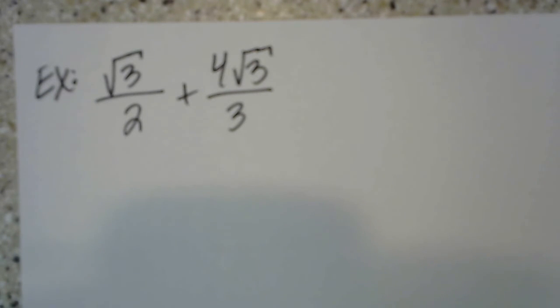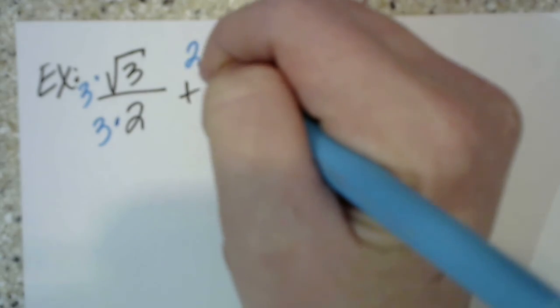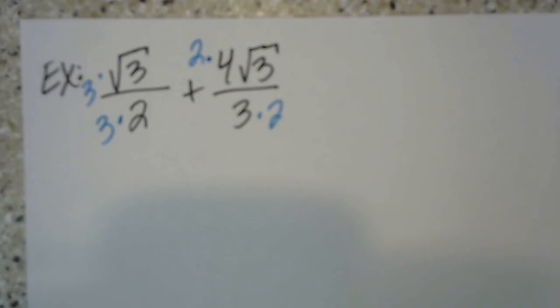Well, I do have two radicals that are the same type and they have the same thing underneath. They have radical 3's in both terms, square root of 3's, but these are fractions, and we know that fractions have to have a common denominator. So in this case, I need to multiply to get that common denominator, which will be 6.